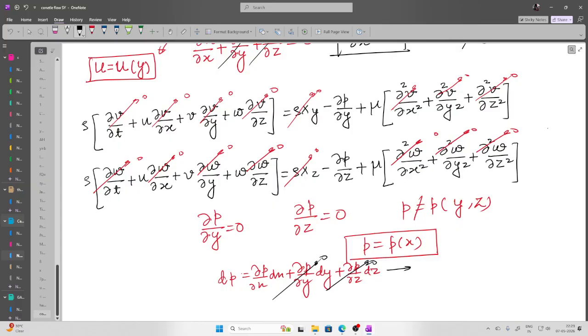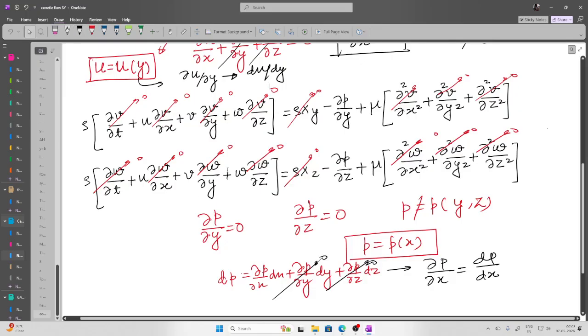So what has now been left? It is dp by dx, so we can simply say del p by del x can be written as dp by dx. The same thing we could have also said here, that del u by del y will be nothing but du by dy. If you use the same analogy, you will be getting this.